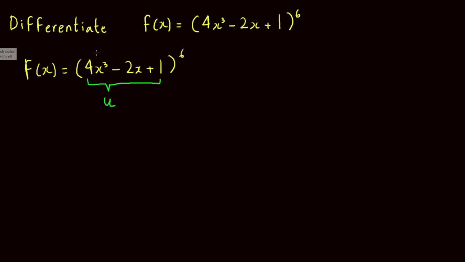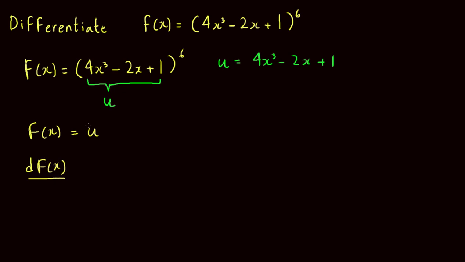So u equals 4x cubed minus 2x plus 1, and we'll have the function f expressed in terms of u. The derivative of u to the power of 6, my apologies, with respect to u would be 6u to the power of 5.